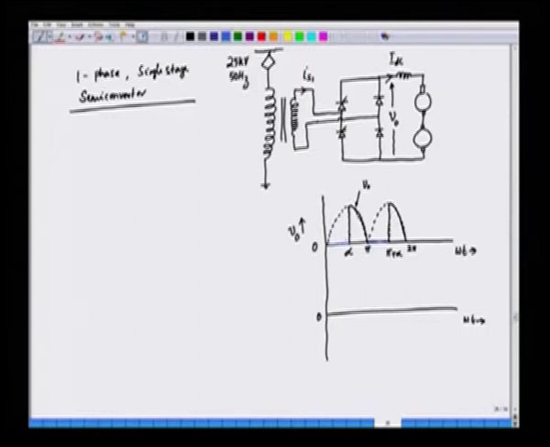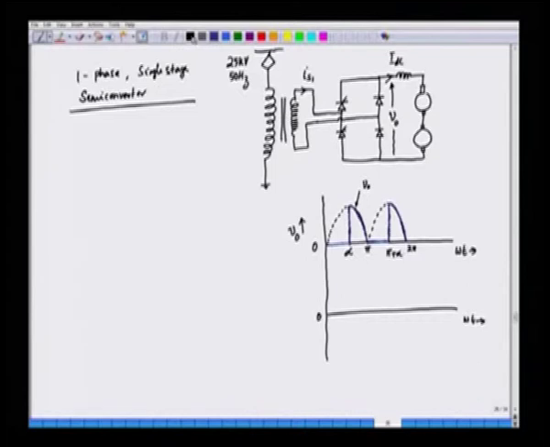These are called the freewheeling intervals, and the output VO will be present from alpha to pi and pi plus alpha to 2 pi.